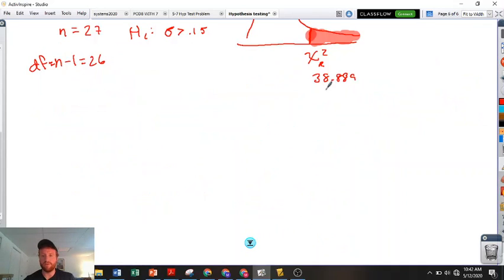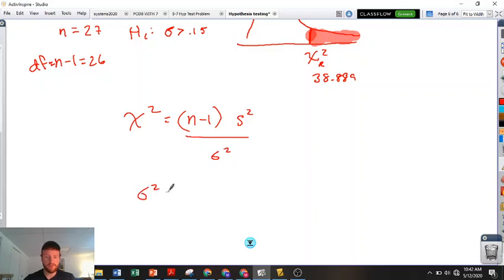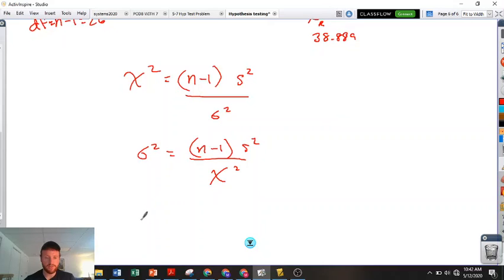And we need to convert that. Chi square is equal to n-1 times s squared over sigma squared. So sigma squared is equal to n-1 times s squared over chi squared. And we're not doing variance, we're doing standard deviation, so we have to square root that.